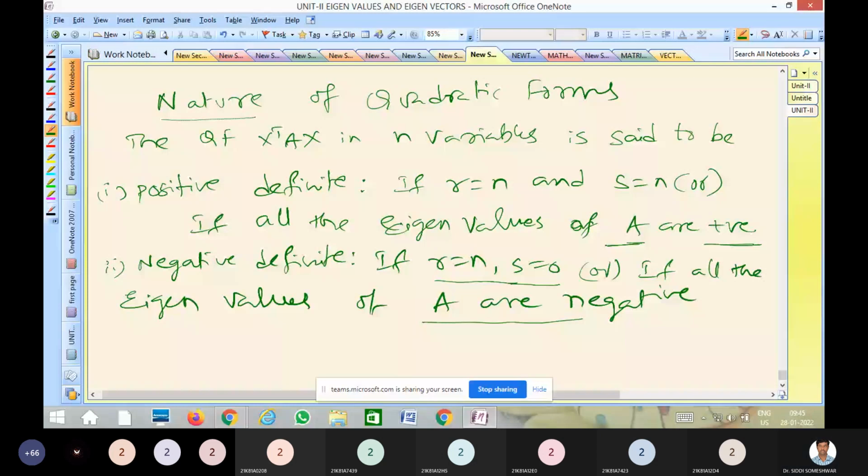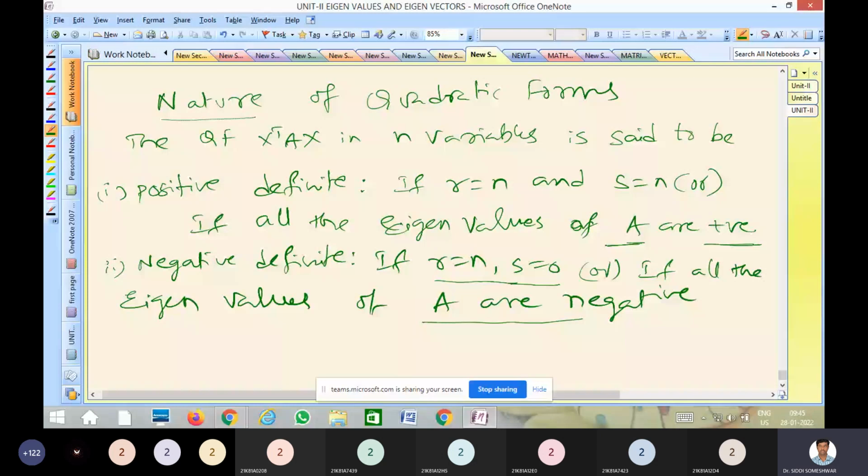Positive semi-definite. Here, if R is less than n and S equal to R, or if all the eigenvalues of A are greater than or equal to 0 and at least one eigenvalue is 0.